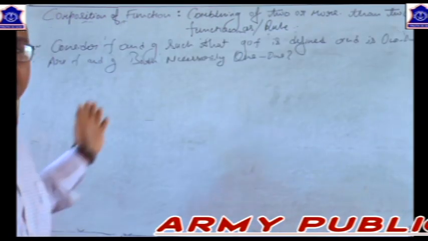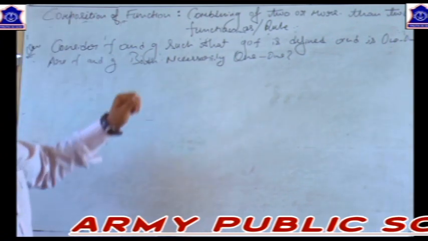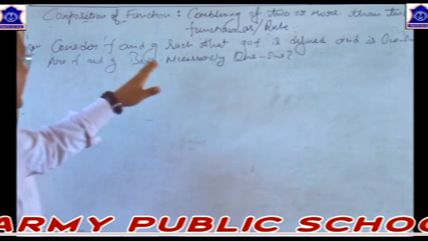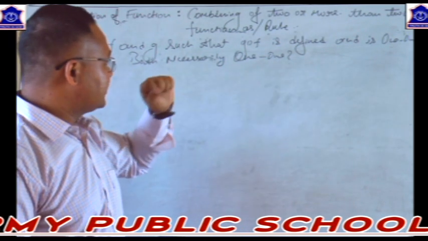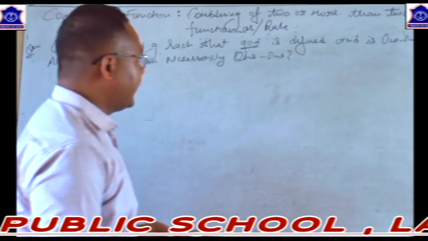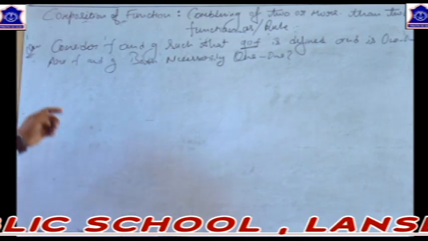So students, this is the next question for you, and the question is: consider f and g are two functions such that the composition of functions f and g, that is gof, is defined and it is 1-1.